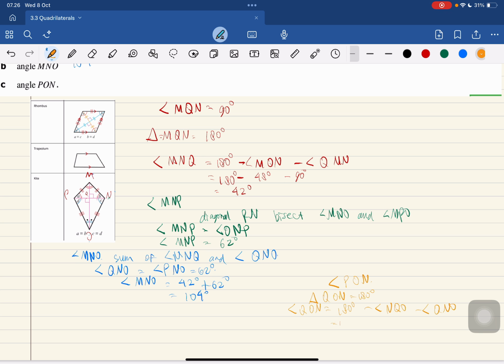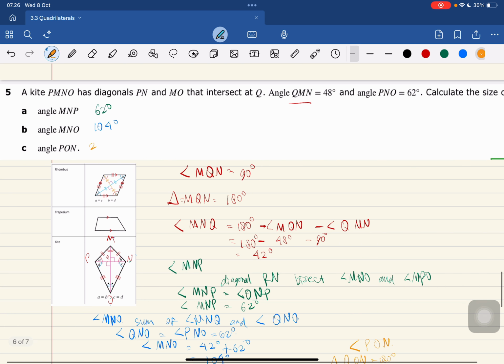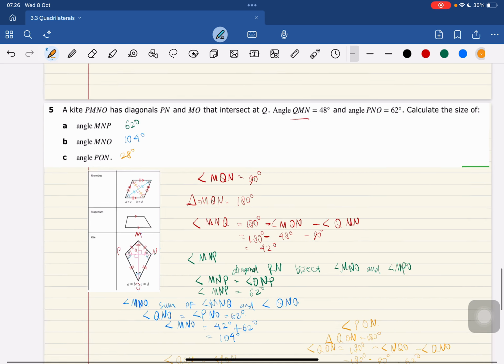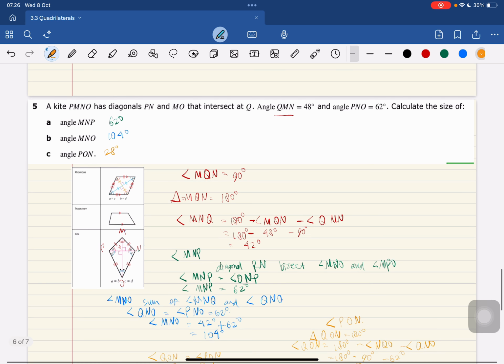So this is 180 degrees minus 90 degrees minus 62 degrees, which gives us 28 degrees. Since QON equals PON, the angle PON equals 28 degrees. Okay, there it is.